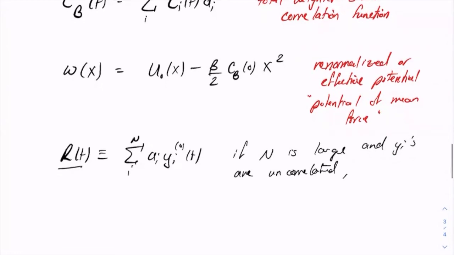So again, this is some complicated fluctuating force independent of the x's, dependent on the y degrees of freedom, but if they're harmonic, we could go to some normal modes, in which case they are uncorrelated. If n is large, I have a sum of uncorrelated random variables. So we have every reason to expect that to a good approximation, R is some Gaussian random variable, at least near its mean.